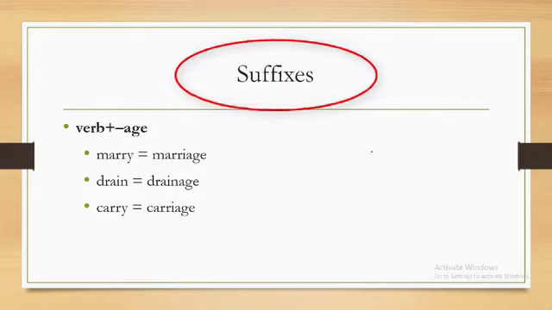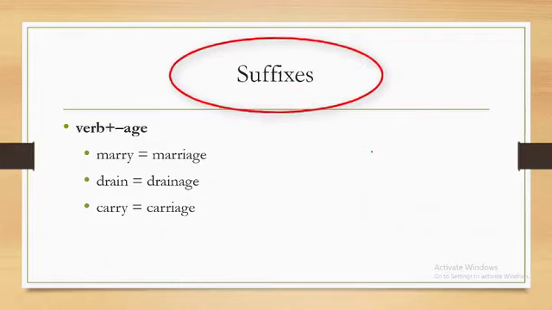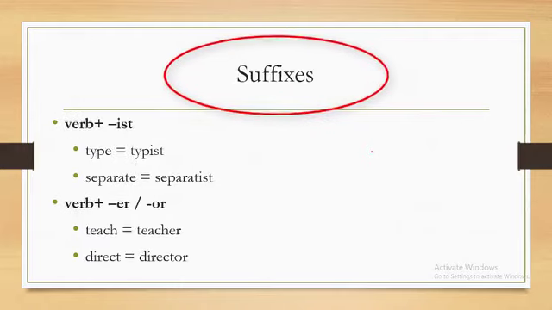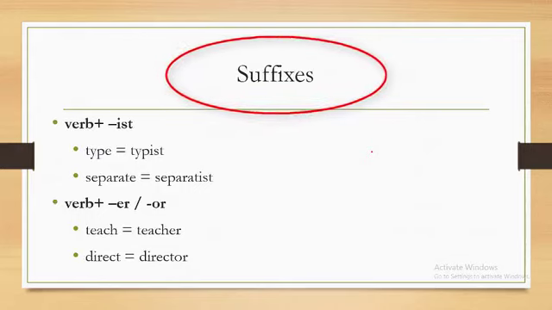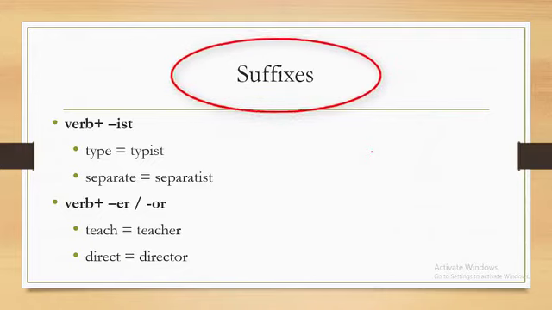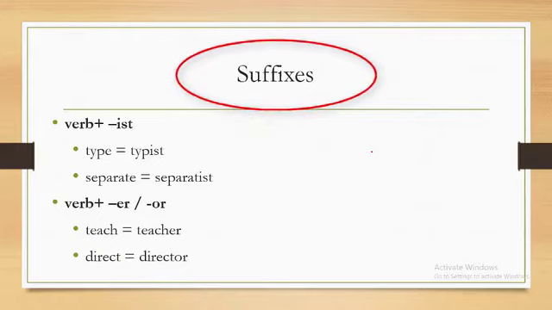Then we have marry plus AGE becoming marriage. Then we have type plus IST becoming typist. Separate plus IST becoming separatist. Then we have teach plus ER becoming teacher.